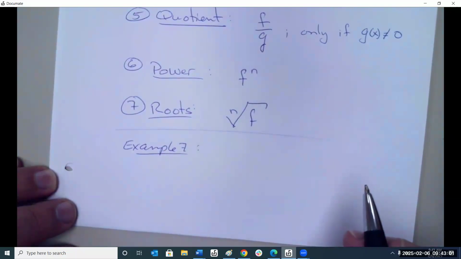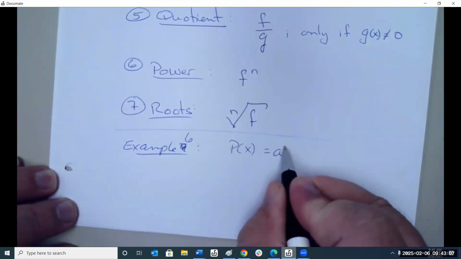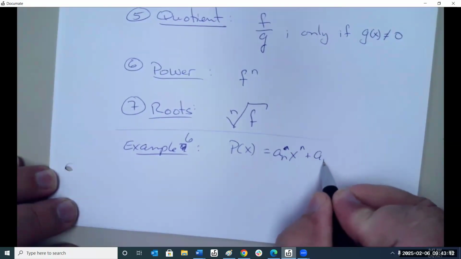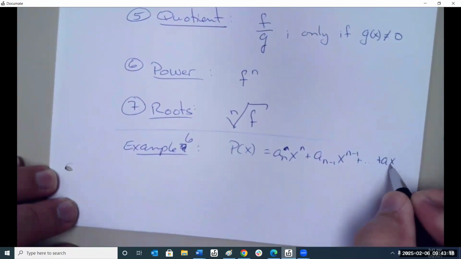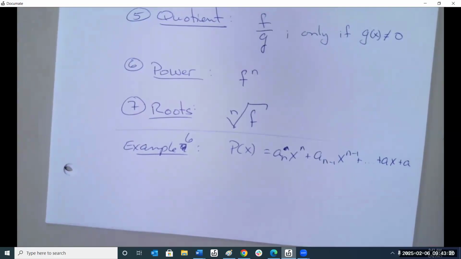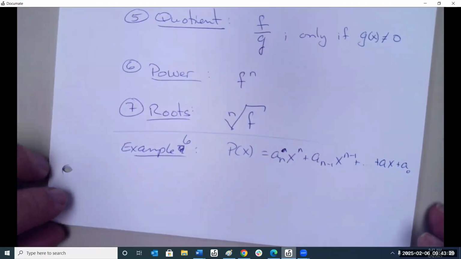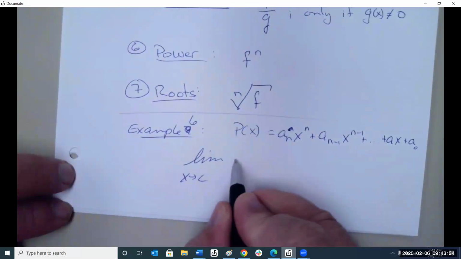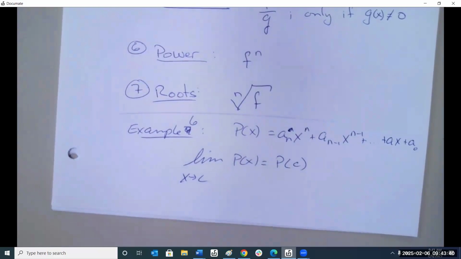Example 7. Let's do number 6 first. If we had some polynomial, a_n x^n plus a_(n-1) x^(n-1) and so on, and it's continuous at every value c, just plug it in there.